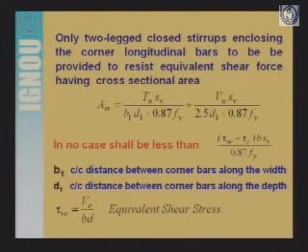Now in this case, when torsional moment is coming into the picture to the structural member, then the code says that only 2-legged closed stirrups enclosing the corner longitudinal bars should be provided to resist equivalent shear force, having a cross-sectional area of Asv equal to Tu into Sv upon b1 d1 into 0.87 fy, plus Vu Sv upon 2.5 d1 into 0.87 fy.